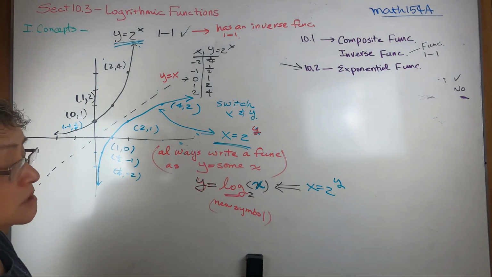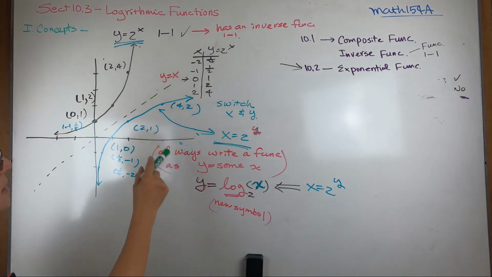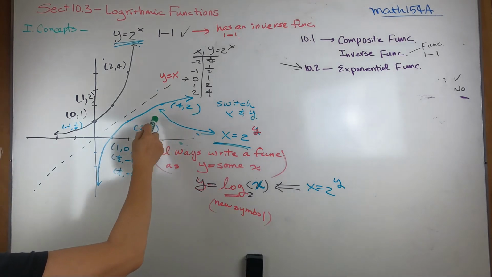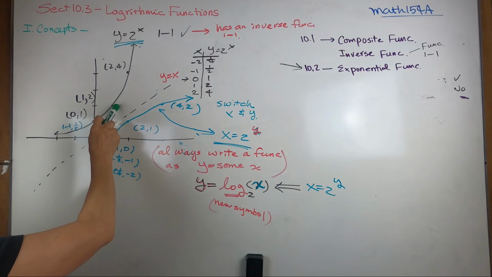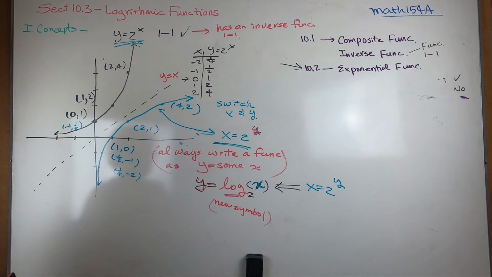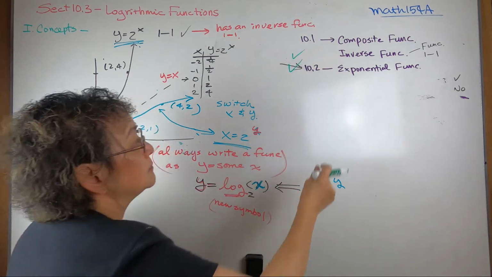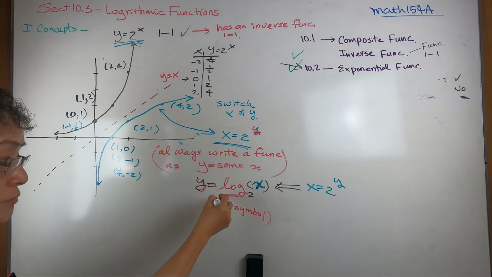So at the same time, you can see, what does log mean? Log means the inverse function of the exponential function. Okay, that's why we need to talk about inverse function. We need to talk about the exponential function to get to our log.